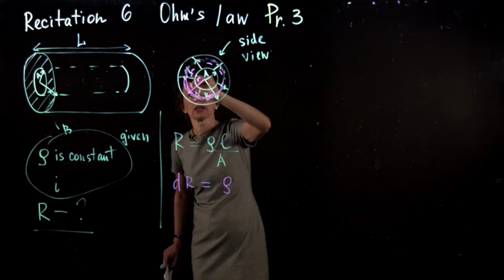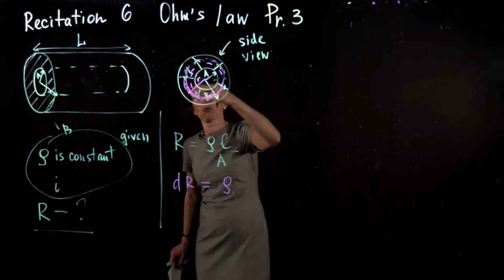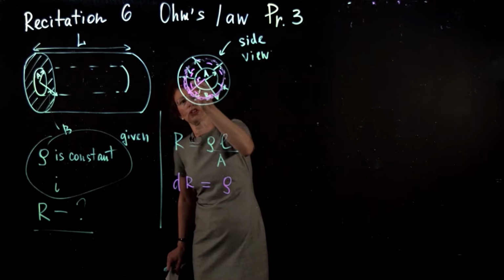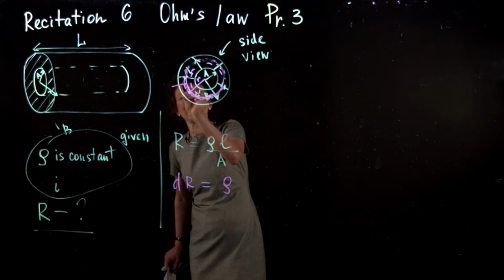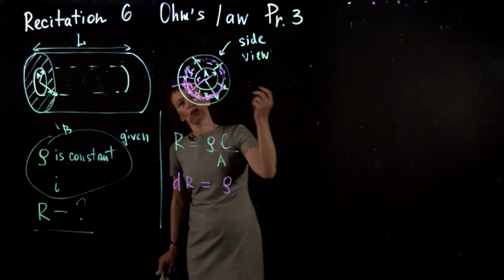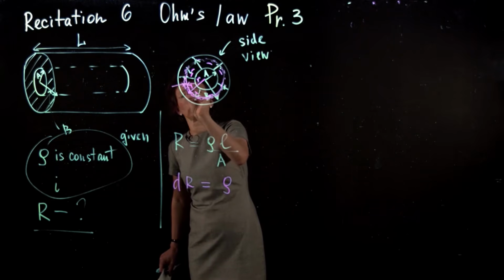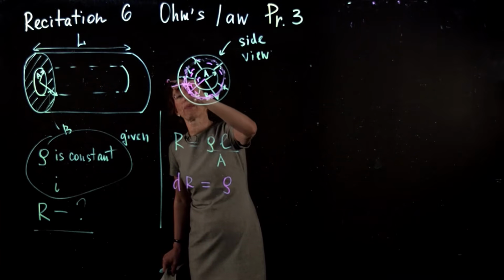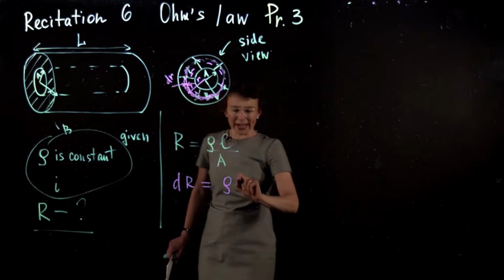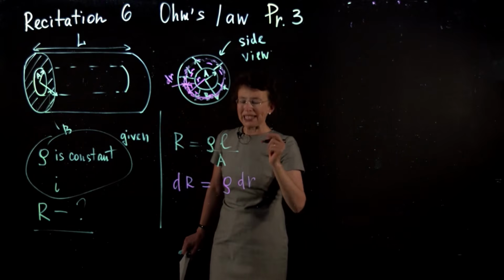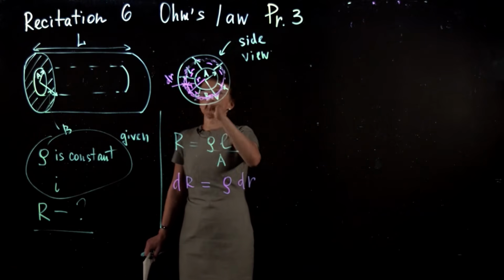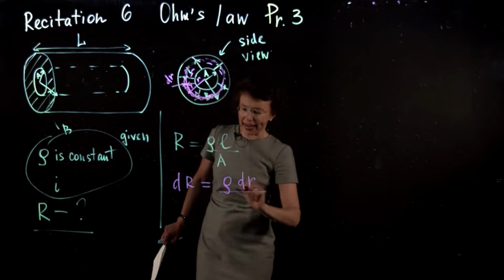So what is the variable of integration? The length in the direction of current flow. Current flows this way. So this is our depth, which is dr. So it is rho dr divided by the cross-sectional area A.